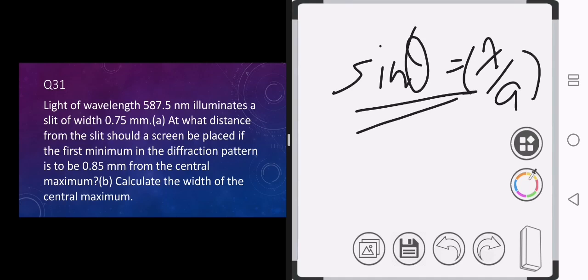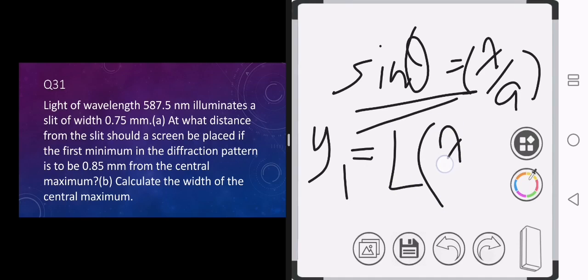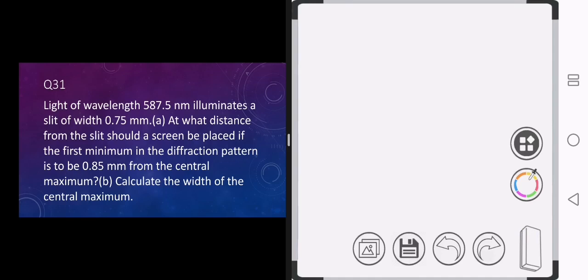So sin theta is lambda over A. So your Y1 equal to L lambda over A. You need to find your L, because it asks where the screen should be placed.